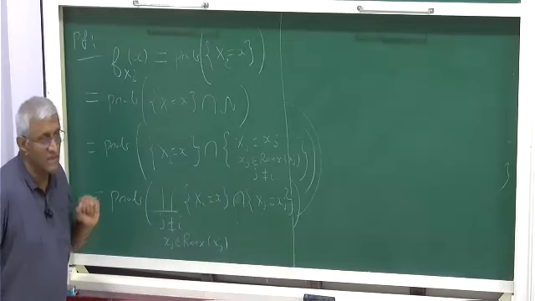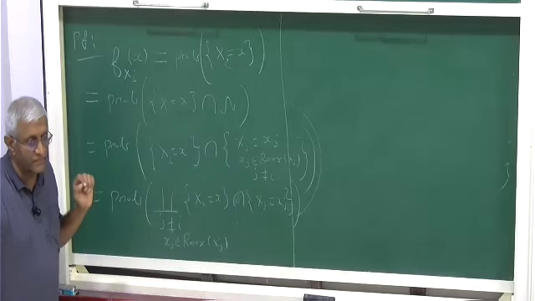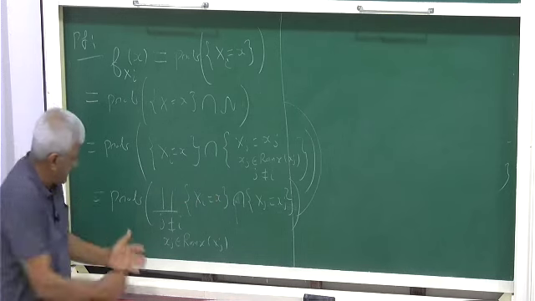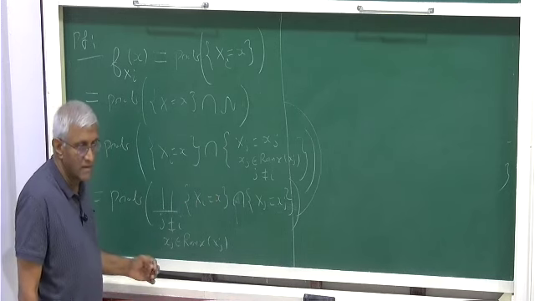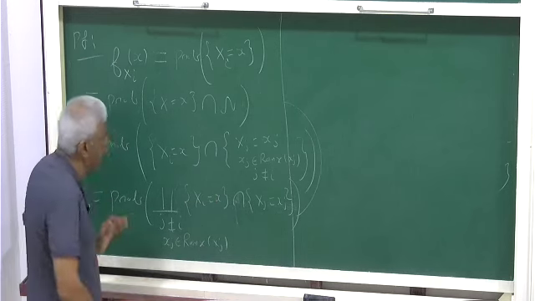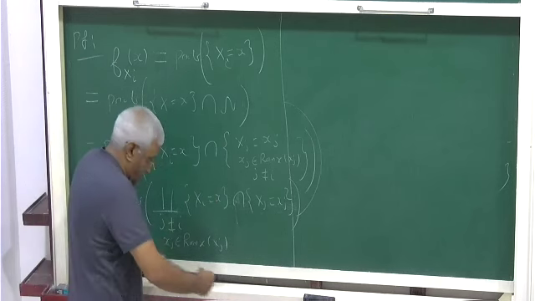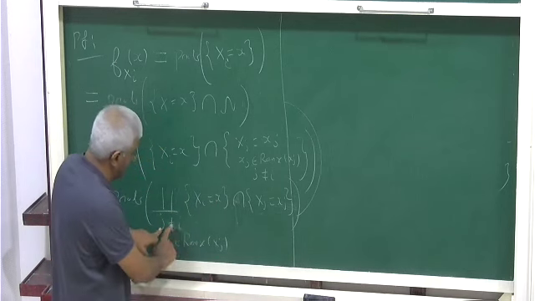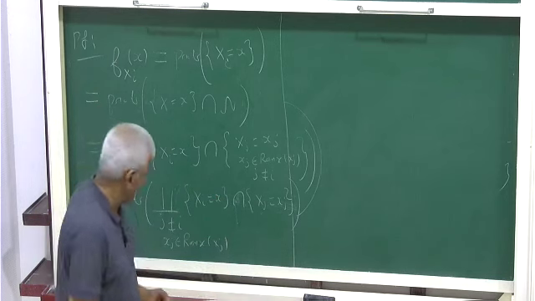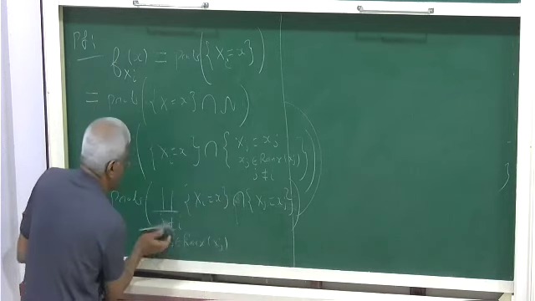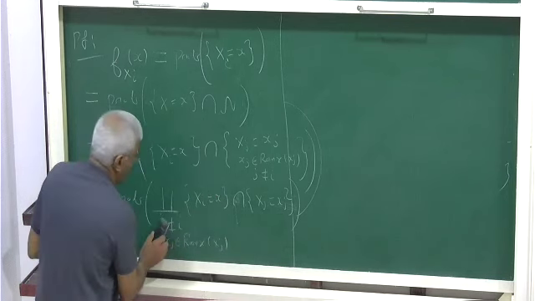So this union is a disjoint union for different j. You fix x_j for all the other j except i, one particular tuple. I just want to write it as an (n minus 1)-tuple like this.